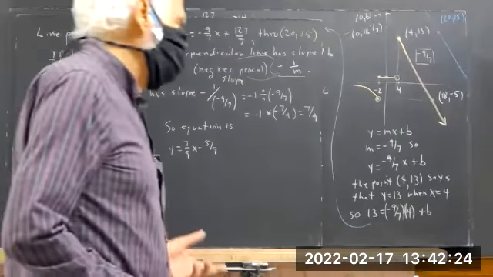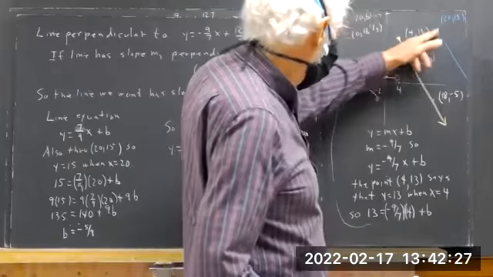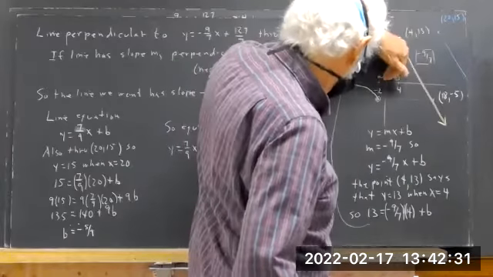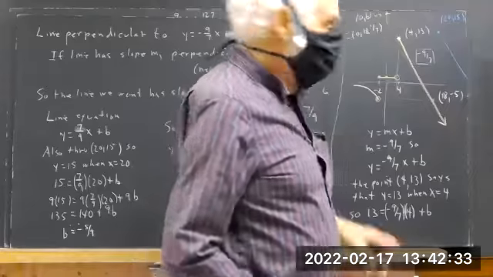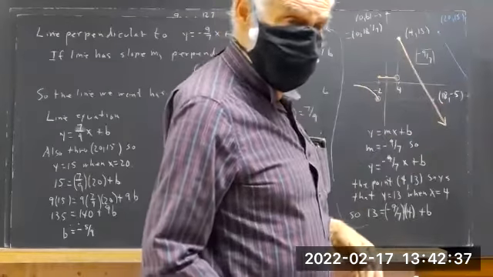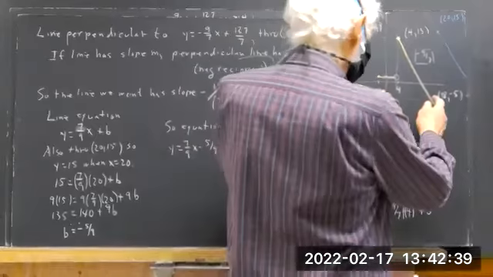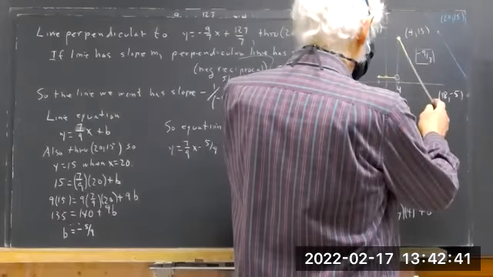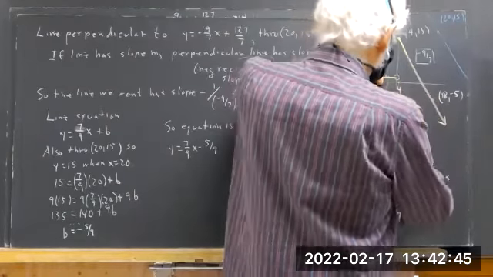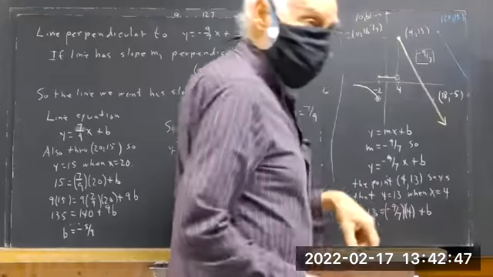Now, there's a little bit of a problem with this graph, because the perpendicular doesn't look like it would come down below the x-axis. It looks like it hit about here. That's because I don't have equal scales on my x and y axes. 18 here is about this big, and 18 here is about this big. This 18 is a little bigger than this 18.